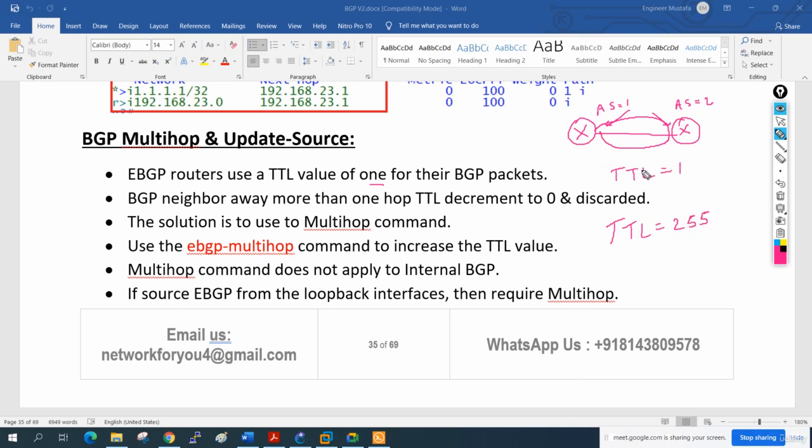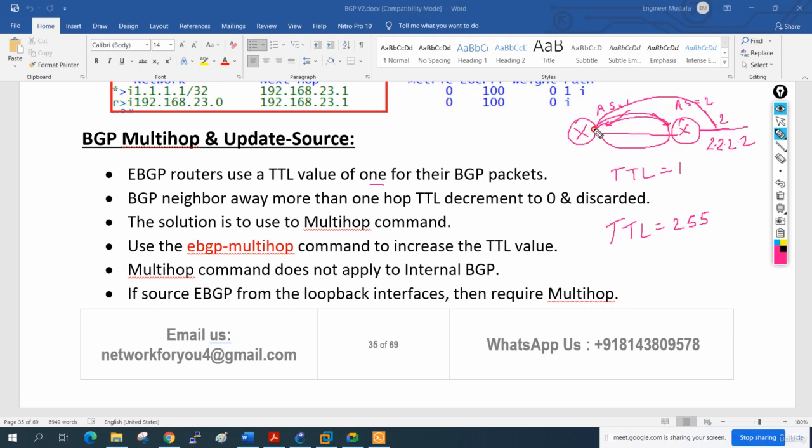Now we are going to get the issue. For example, imagine I have one loopback here, loopback 2, with the IP 2.2.2.2. I want to form the neighbor relationship from here to here, not from the physical IP, but from the loopback. So if our packet comes here, it will have the TTL value 1.